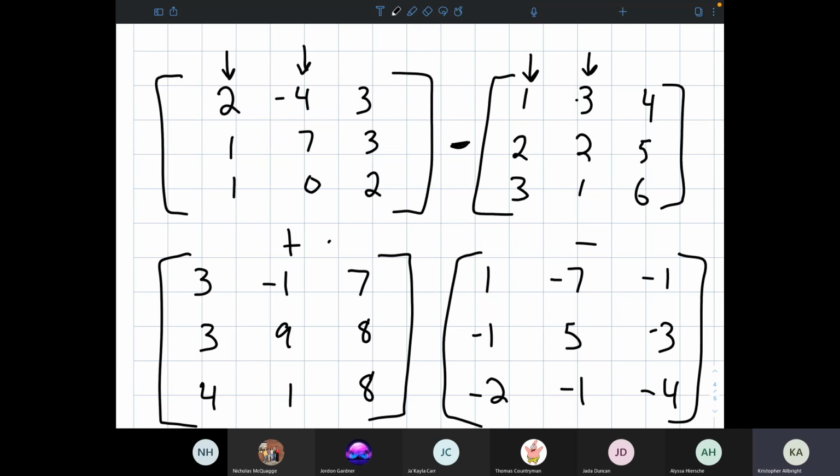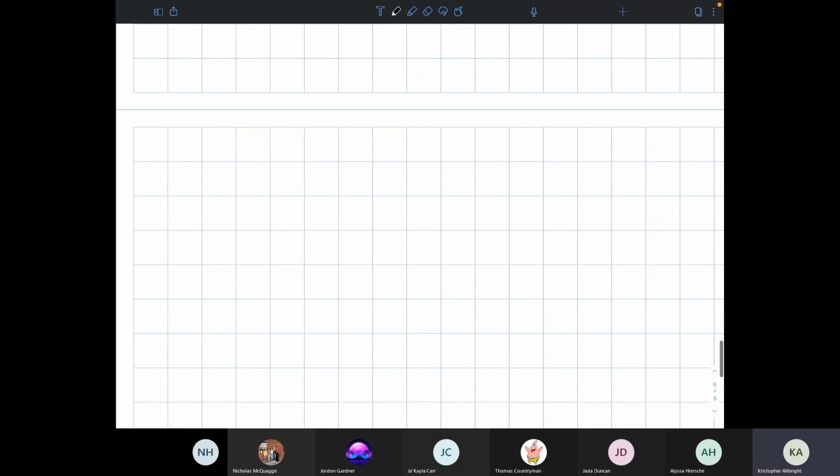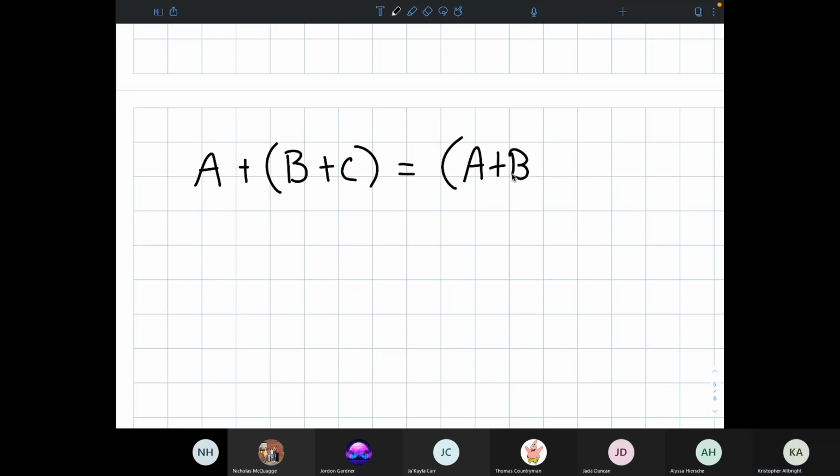So things that you can do, these are going to be kind of self-explanatory, because you can do it with normal numbers, but it's not always the case. You can do A plus B plus C grouped either way, and those are the same thing when you're talking about matrices.